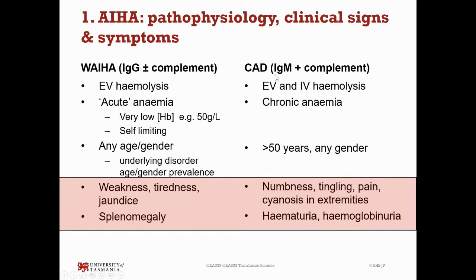Yep, so what's causing that microvascular damage, Jordan, do you think? Yeah, so not so much clots, but agglutinated cells, just as you see in a tube. When you're doing your tube tests, you're looking for agglutination there, aren't you? So what happens with cold agglutinin disease is this agglutination is happening in the microvasculature.